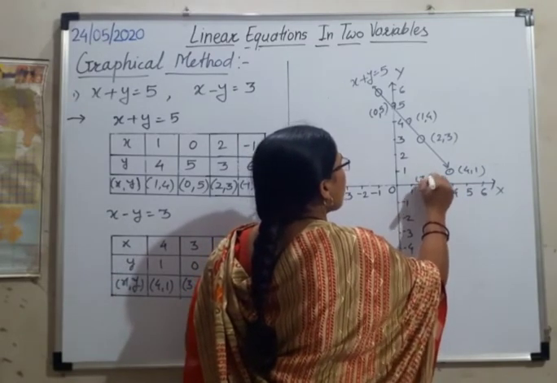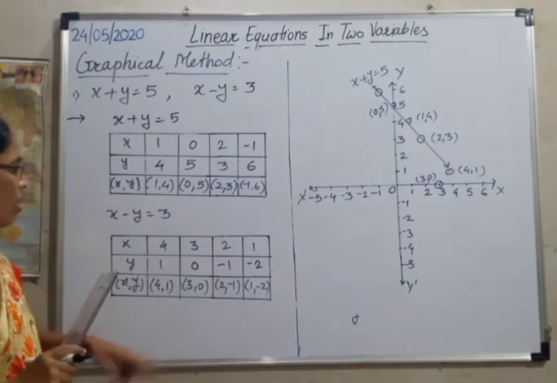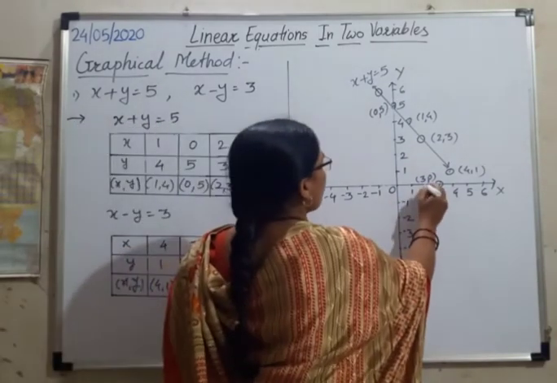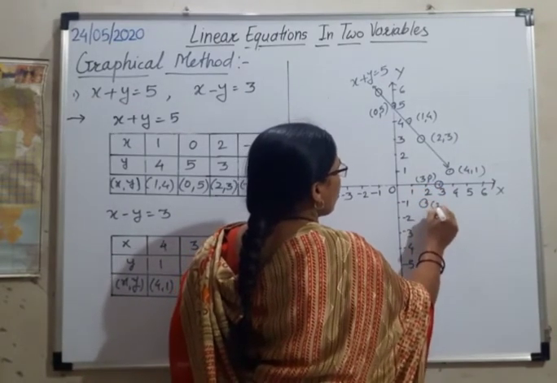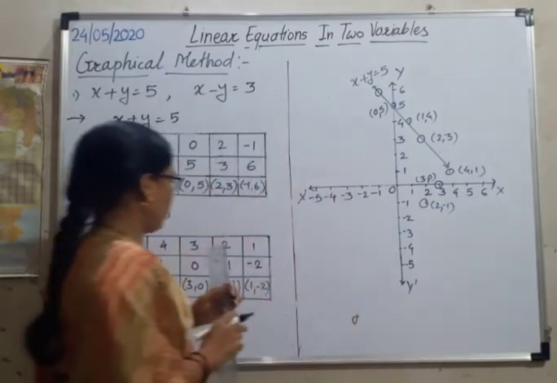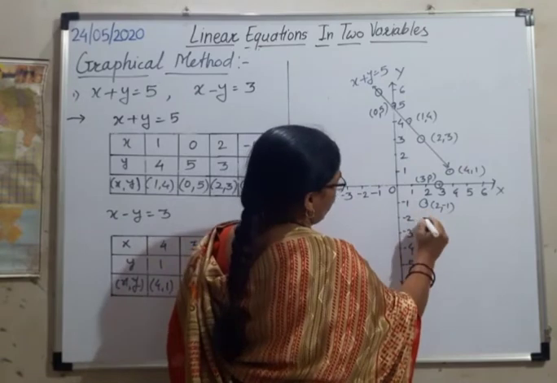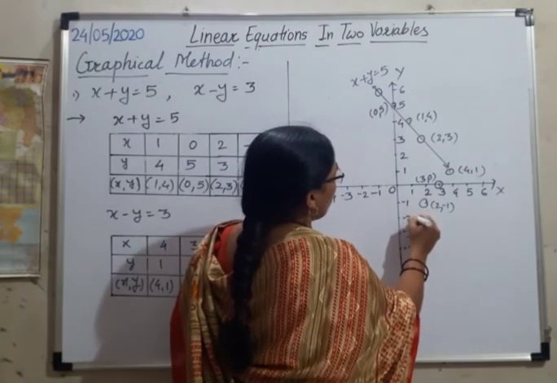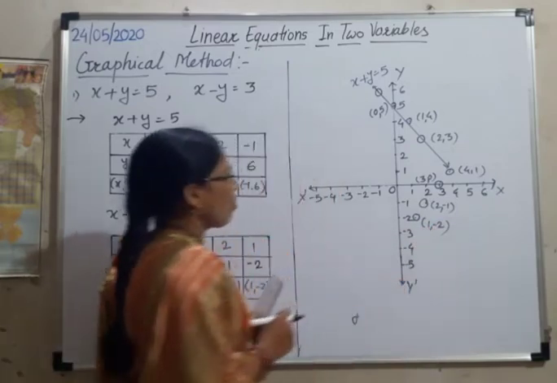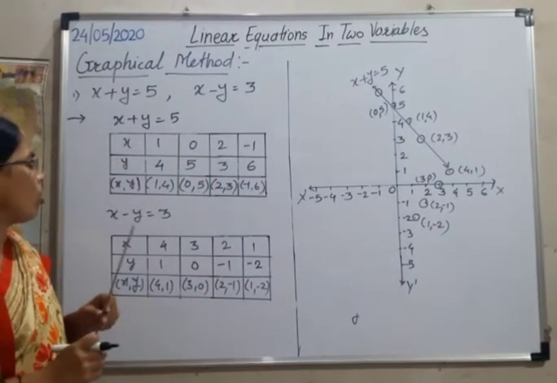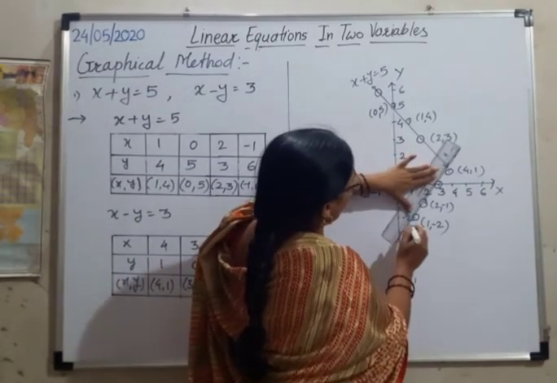The third point is 2, -1: x coordinate is 2 and here it is -1. And the fourth is 1, -2, so it will come here. Like this, these four points are there, and we have to draw the line passing through all these four points.